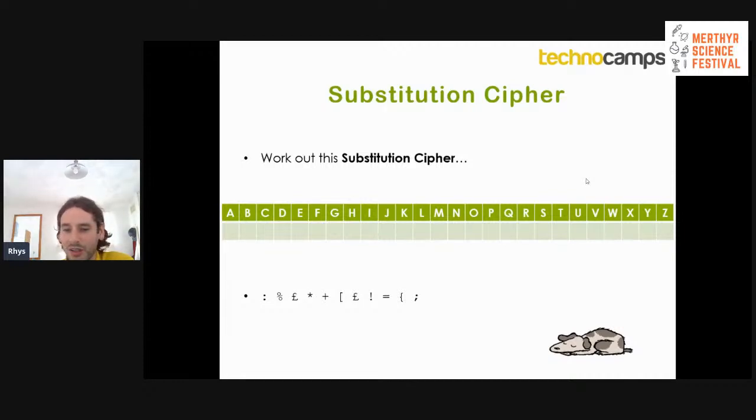Is it easy to spot any letters or any patterns that you could use?